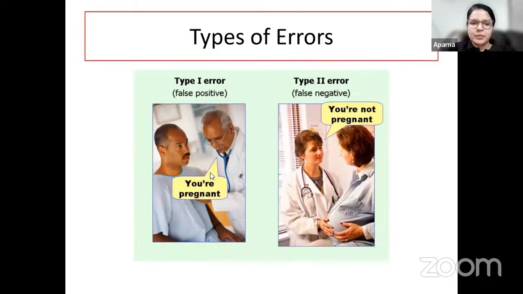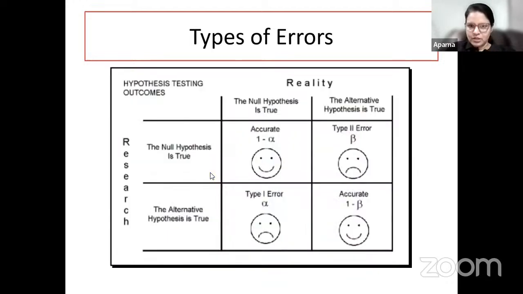So this is a classical example of type 1 error, wherein a doctor is telling a man that he's pregnant. So this is actually not possible. And the type 2 error, which is also called false negative interpretation, is telling an obviously pregnant woman that she is not pregnant.